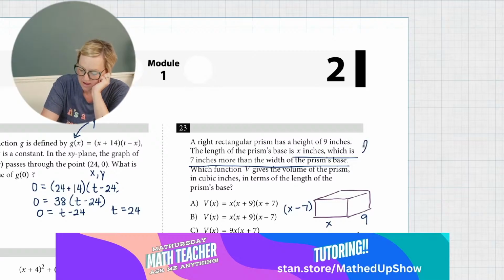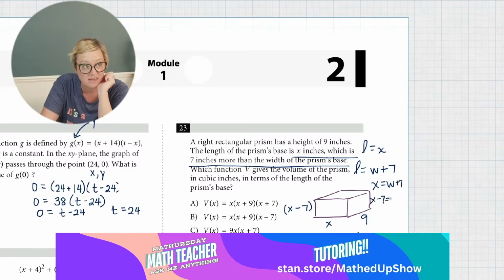So the length is X and the length is the width plus 7. So if X equals the width plus 7, then X minus 7 is the width. I know I'm writing that really tiny up to the side. So it's not going to be X plus 7, it's going to be X minus 7. So our answer in this case is option D.